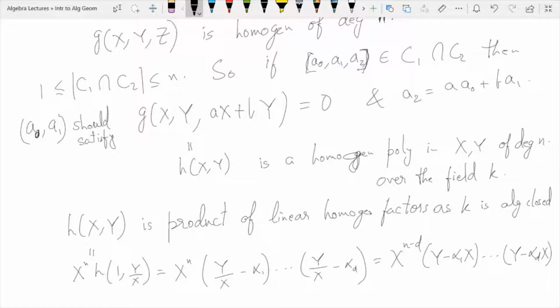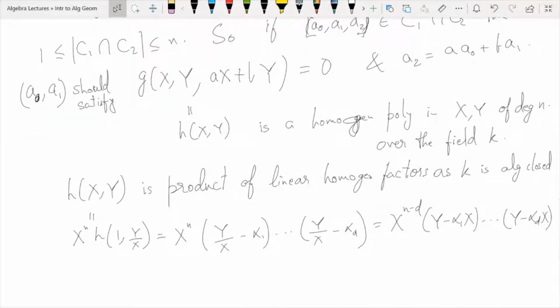So if d is strictly less than n, that will tell you that H(X, Y) is divisible by X. If d happens to be equal to n, then of course none of the factors is X.